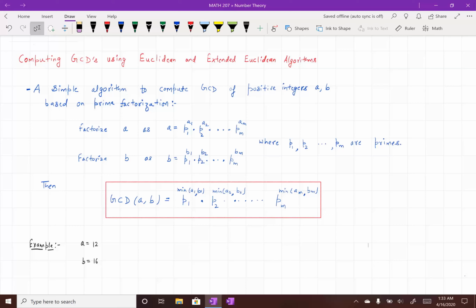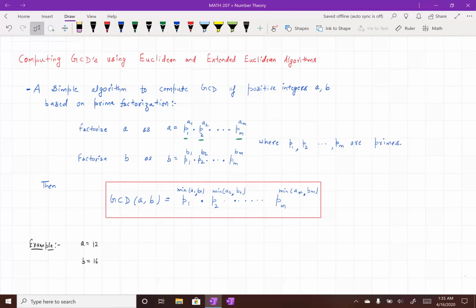Based on this algorithm, first we factorize a as a product of primes, where p1, p2, up to pm are primes. So a can be represented as the product of p1 to the power a1, p2 to the power a2, all the way up to pm to the power am, where a1, a2, up to am are non-negative integers.